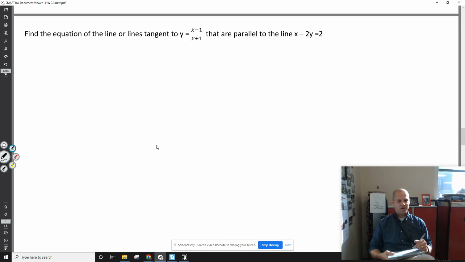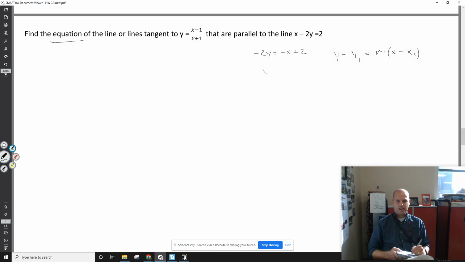Okay, another question that asks you for equations. So the end goal here, different from the last question, is one or a couple of these lines parallel to this. I need to solve for y, so I know what the slope is.